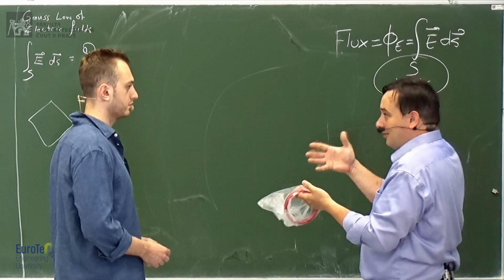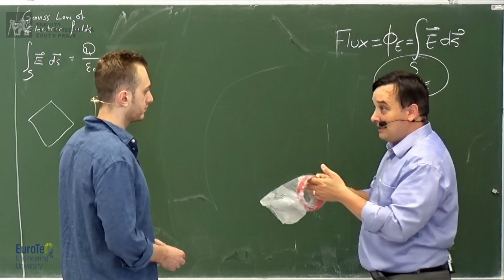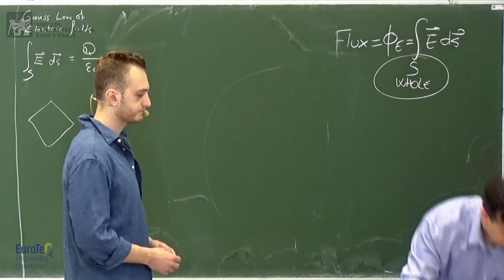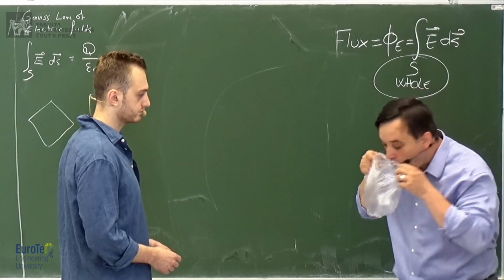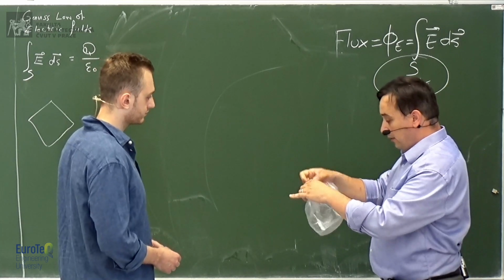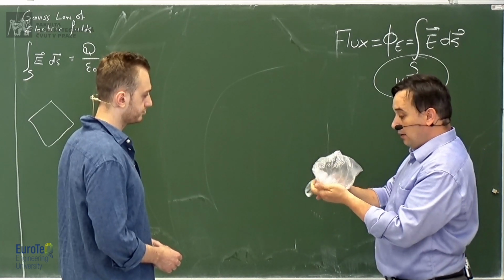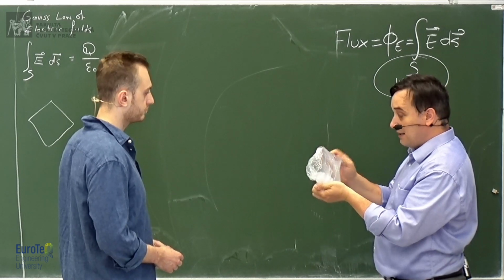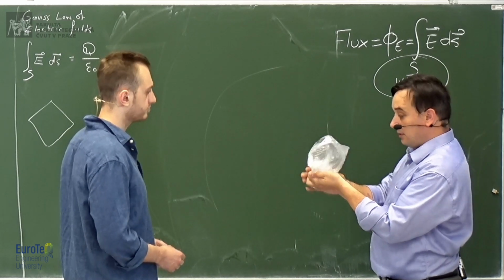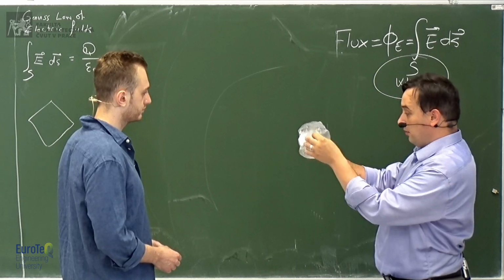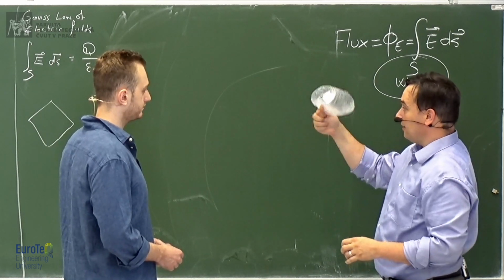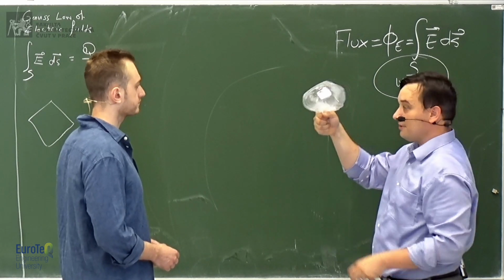So it's not constant. You can say that you always have the same flux if the bag is closed. So here the bag is closed. If you have a charge inside, I don't have it, but let's pretend there is a charge inside.